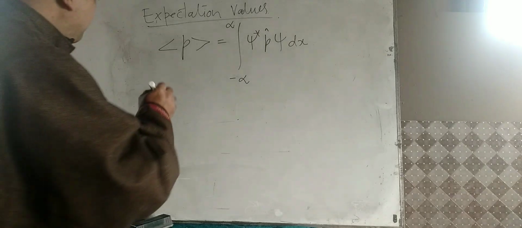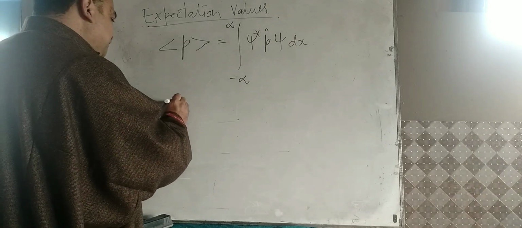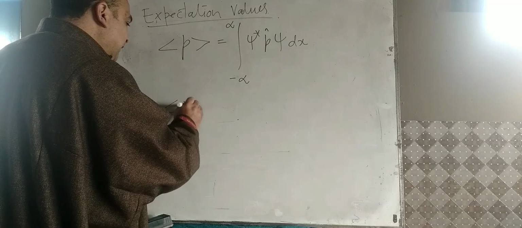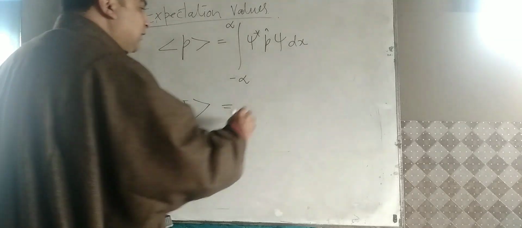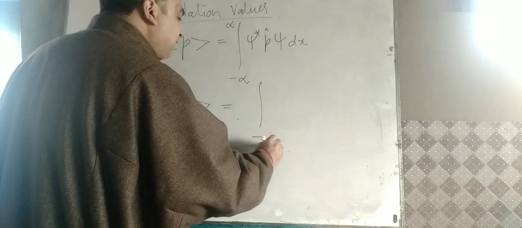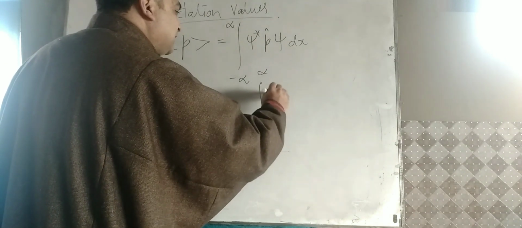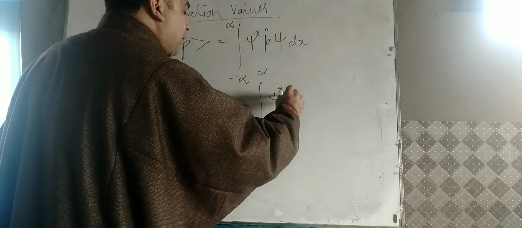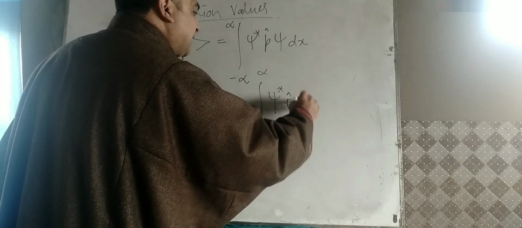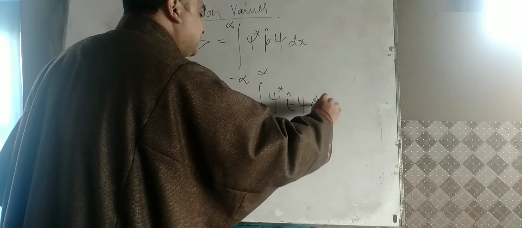In a similar fashion, the same will be true for energy. Suppose we want to calculate the expectation value of energy. So what will that be equal to? That will be equal to the integral from minus infinity to infinity of psi star, E operator, psi dx.